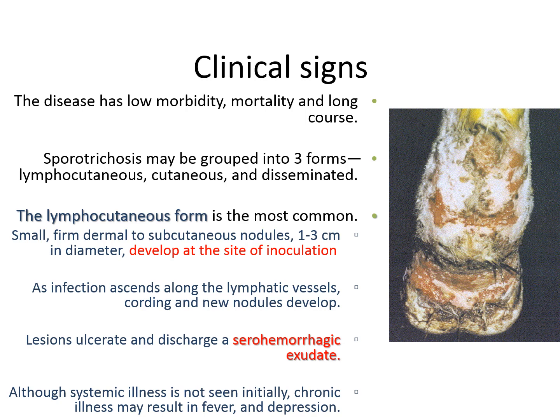Sporotrichosis may be grouped into three forms: lymphocutaneous, cutaneous, and disseminated. Lymphocutaneous develops at the site of inoculation as a small, firm dermal to subcutaneous nodule.